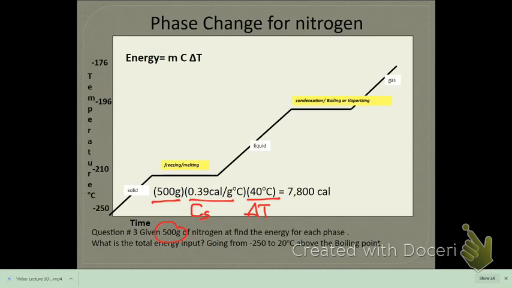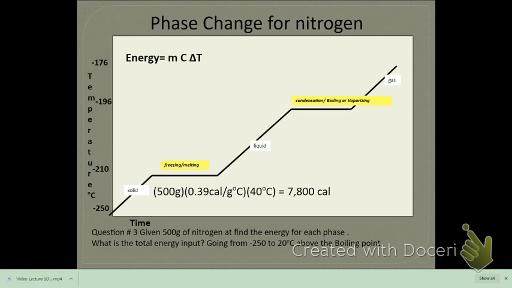So take your calculator, make sure I'm correct. Clear your calculator, put in 500 times 0.39 times 40 equals, and you should get 7,800 calories. Pause this if you need to make sure you understand it, and then come back to it. Alright, so there is my solid.